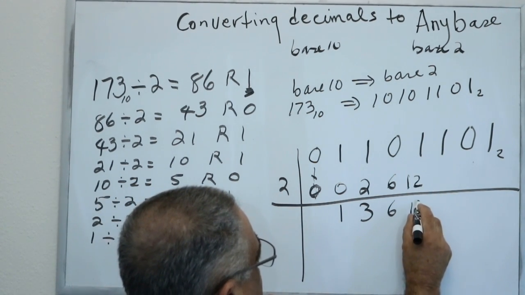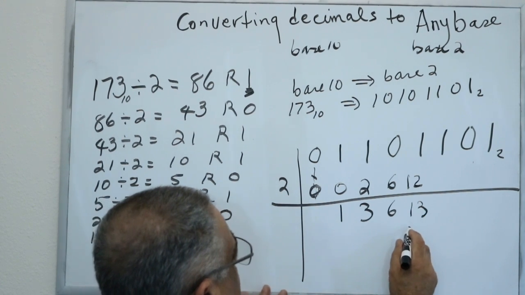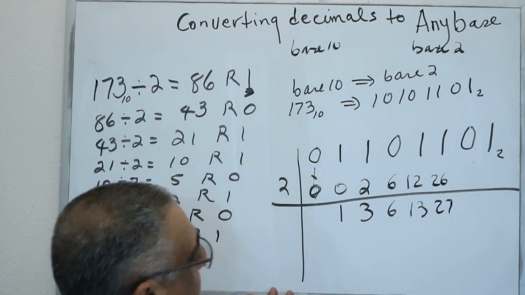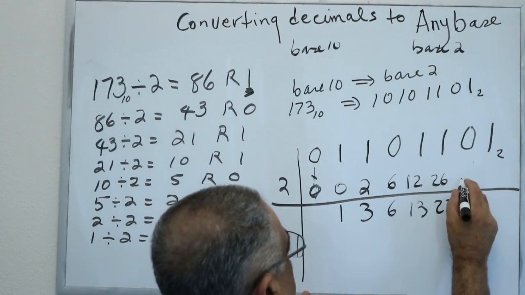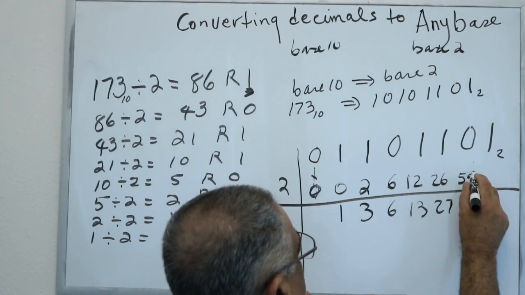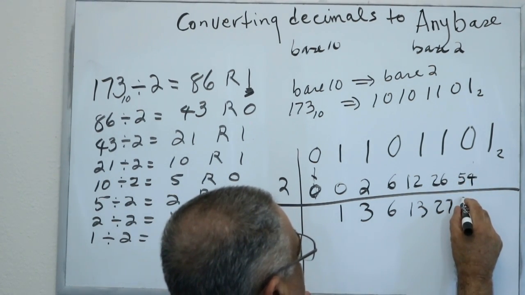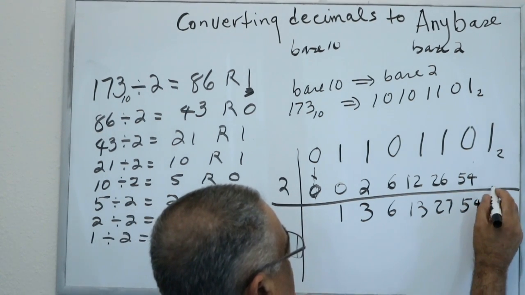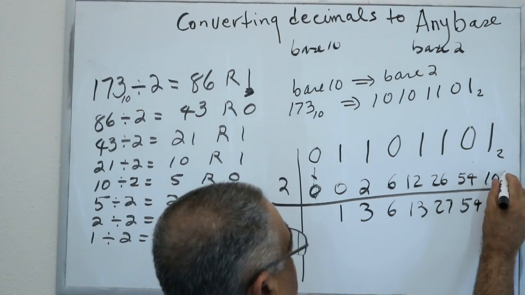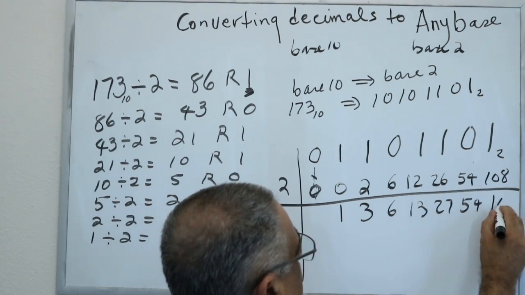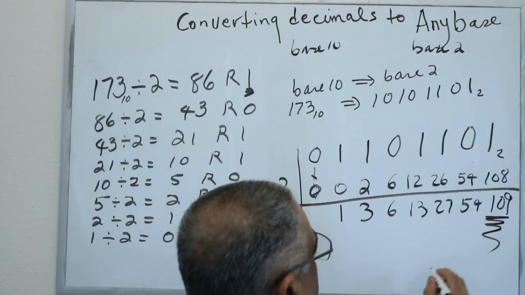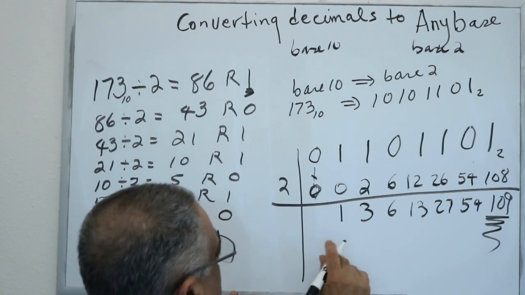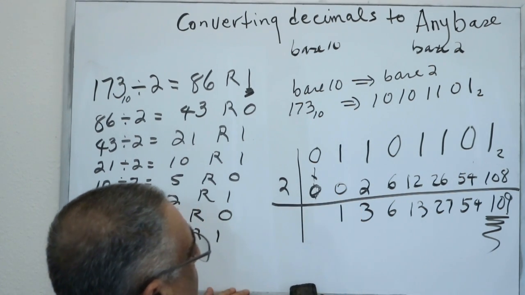Plus 1 is 13. 2 times 13 is 26. Plus 1 is 27. 2 times 27 is 54. Plus 0 is 54. 54 times 2 is 108, plus 1 is 109. See? This binary number in decimal is 109.